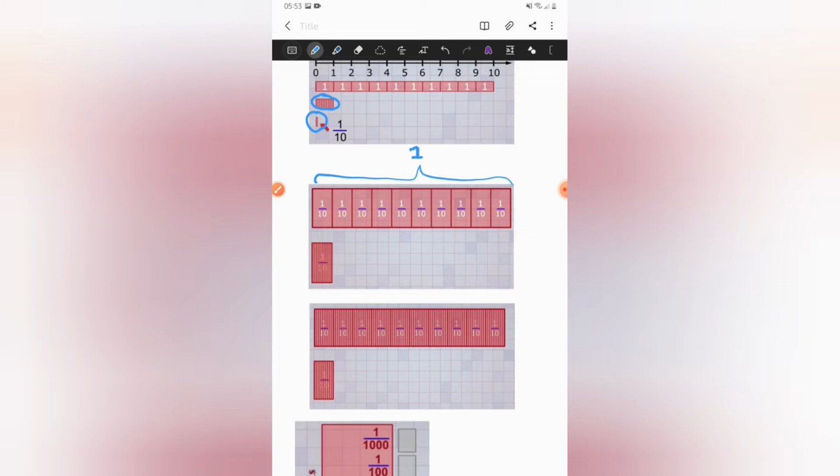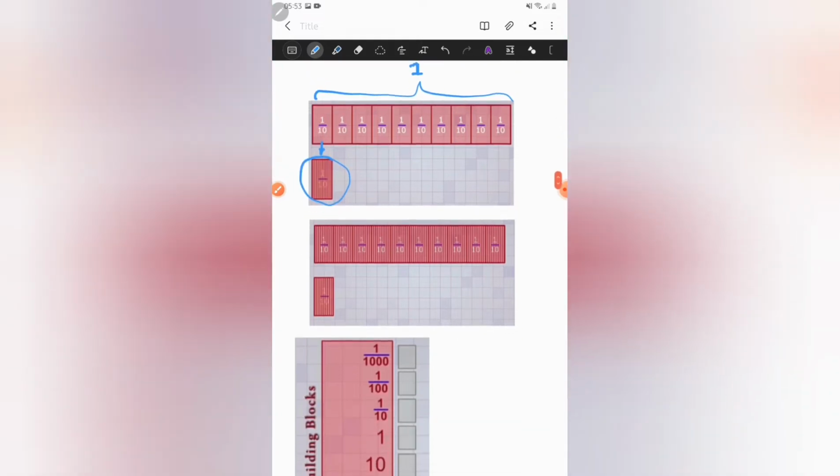That's why you can see there are tenths of 1/10, and with 1/10 we can make it into smaller pieces like this. But now we can say it's not 1/10 again because we separate it into smaller pieces.